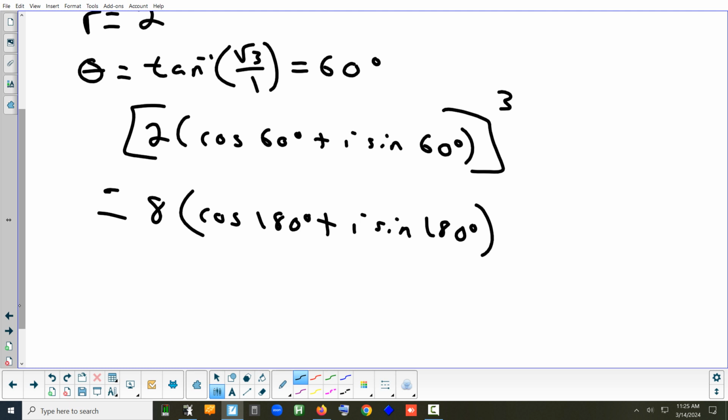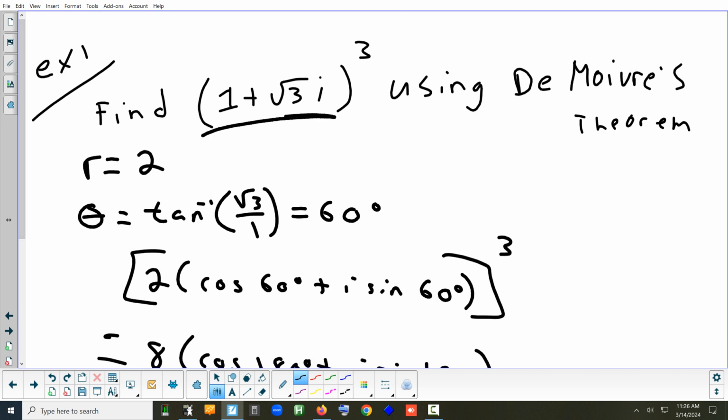Now, let's say I asked you to go one step further and convert that to standard form. What's your first step to take what's in trig form and change it back to standard form, which is going to look more like this?